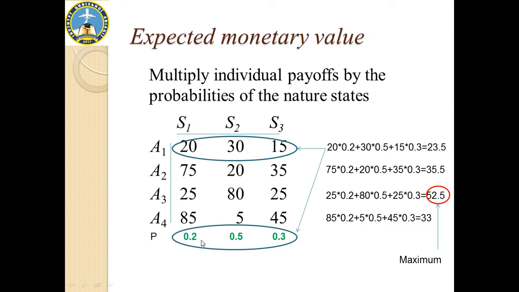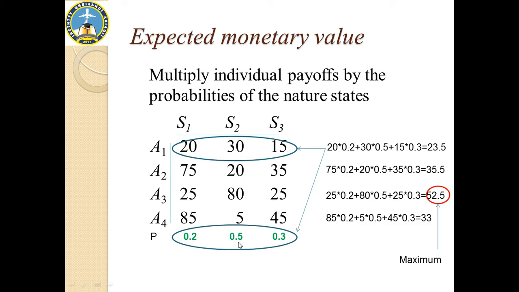We multiply the second payoff of 30, obtained if nature is in state number 2, by the probability of that state.